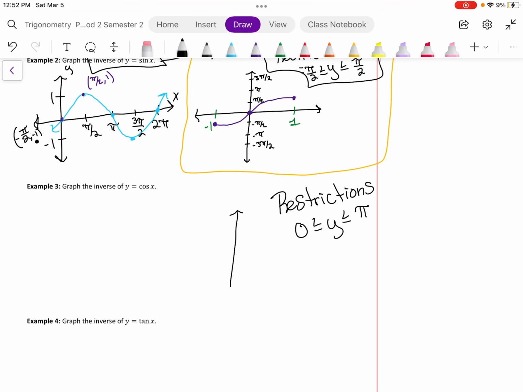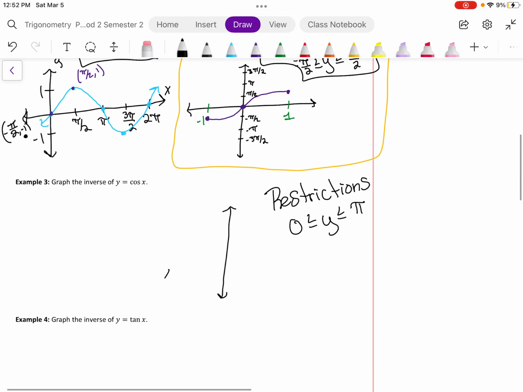So that means on our y-axis, we just need to go from 0 all the way up to pi. And our x-axis is now becoming -1 to 1.